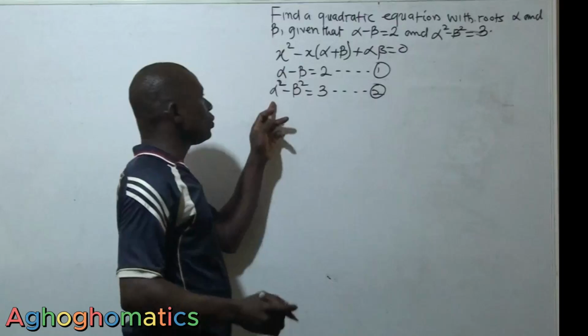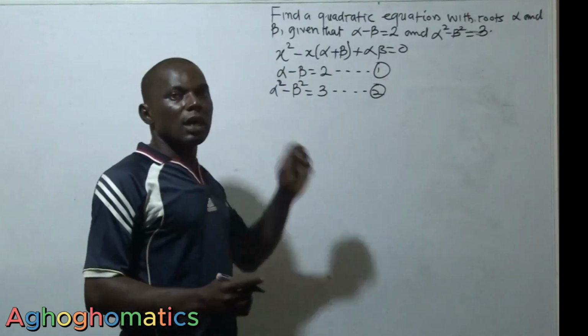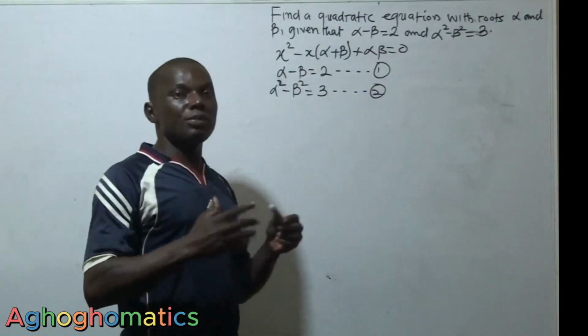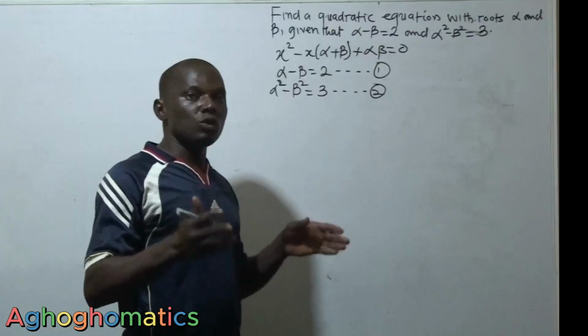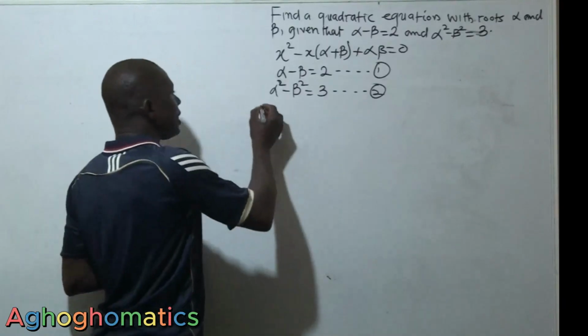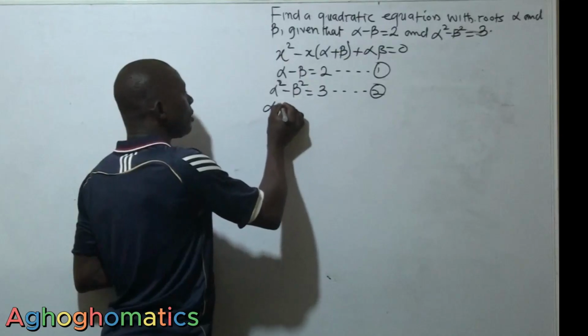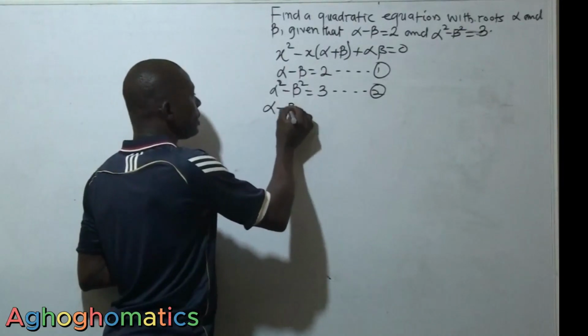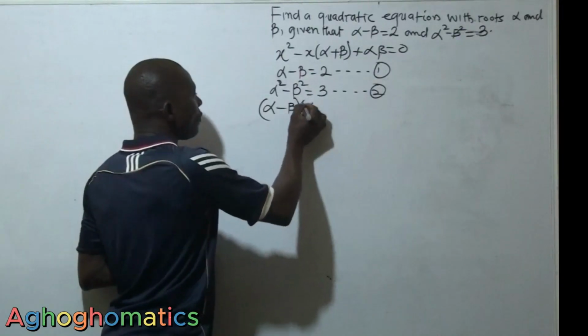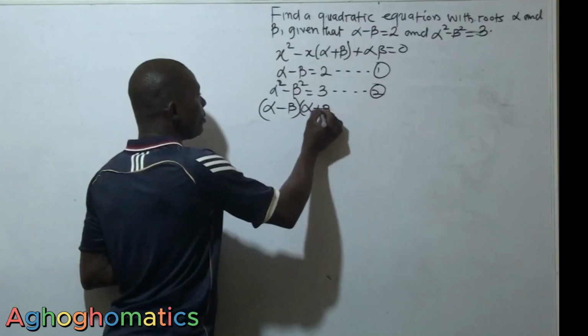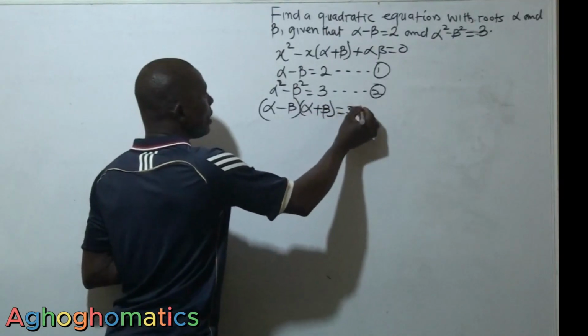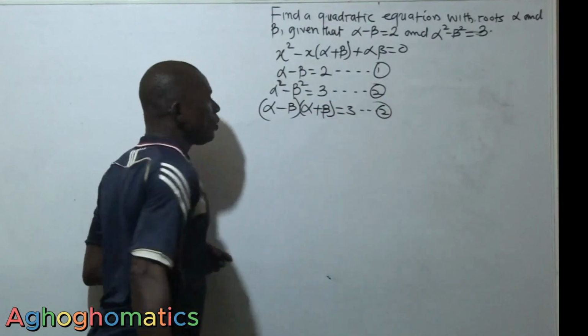If you observe equation 2 carefully, it is an expression that we can put in the form of a difference of two squares, by saying that alpha squared minus beta squared is the same thing as alpha minus beta into alpha plus beta is equal to 3. This is also part of equation 2.